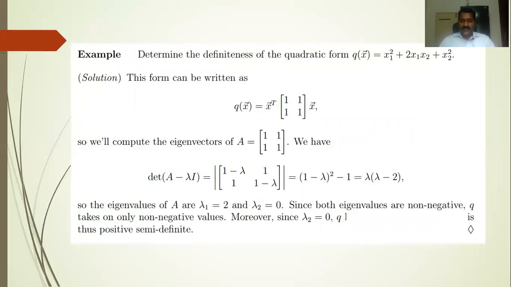What is its definiteness? Positive semi-definite. What is its rank? 1. What is its index? 1. What is its signature? 1. So its definiteness is positive semi-definite, the rank is 1, its index is 1, and its signature is also 1.